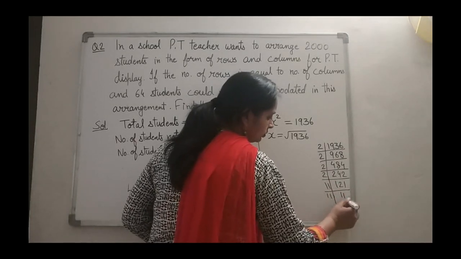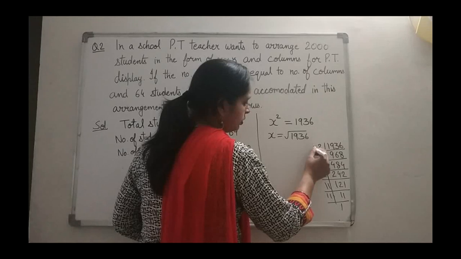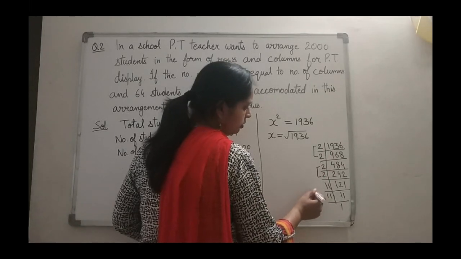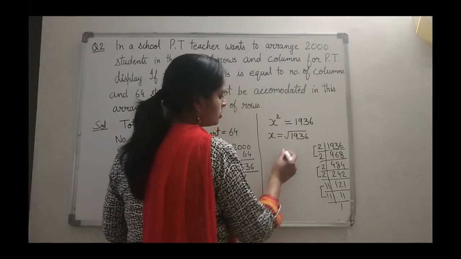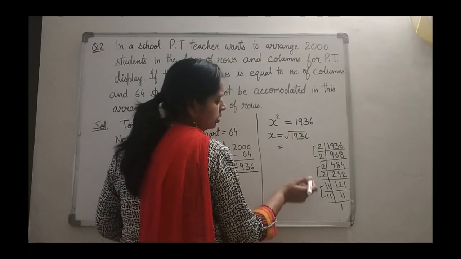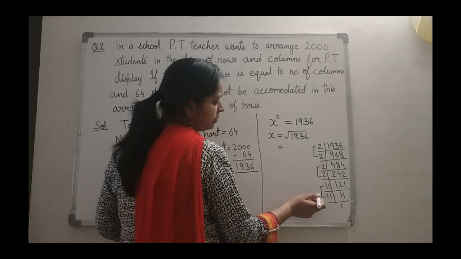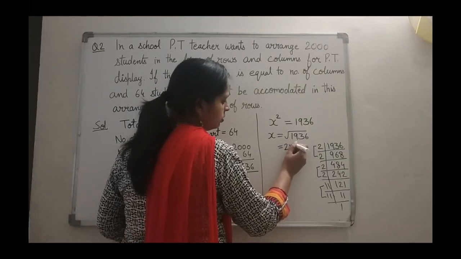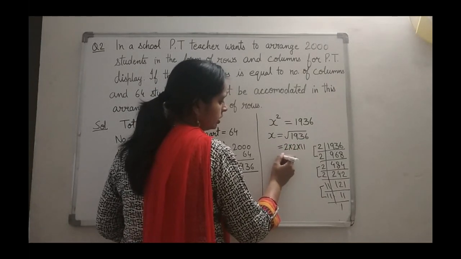Right? So we got a pair of 2, a pair of 2 again, and a pair of 11. So the square root of 1936 will give you 2 multiplied by 2 multiplied by 11. So 2 into 2 into 11, that is how much?